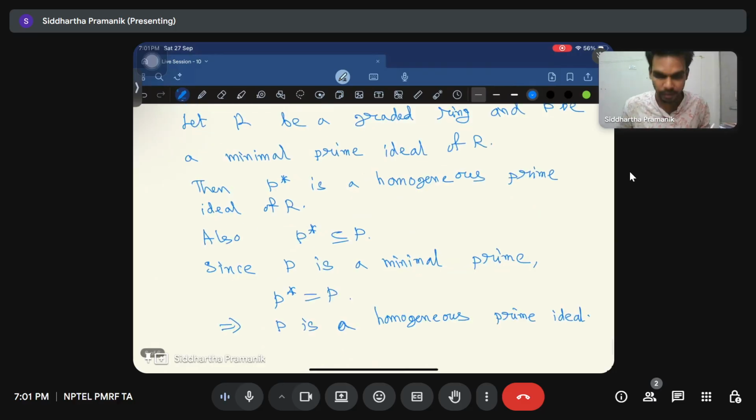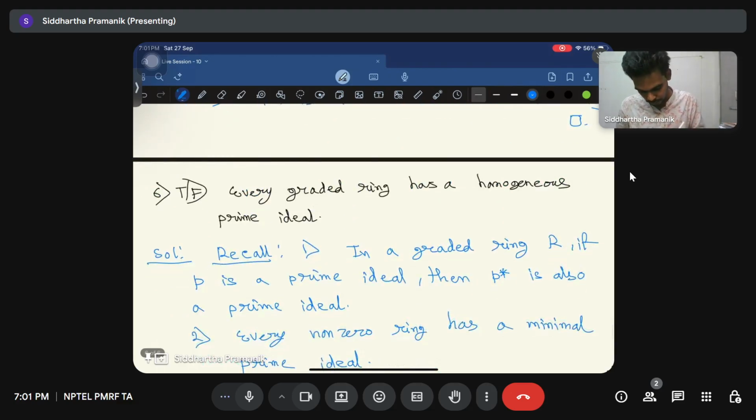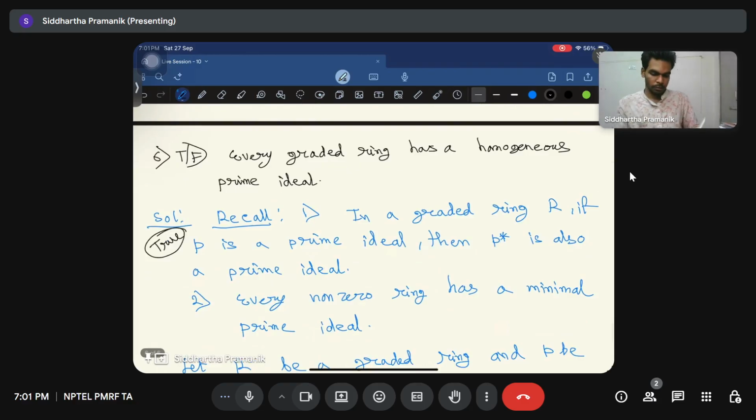So every graded ring has a homogeneous prime ideal. So the statement is true. This is the analogous statement of the fact that every ring has a prime ideal. Of course, it has to be non-zero.